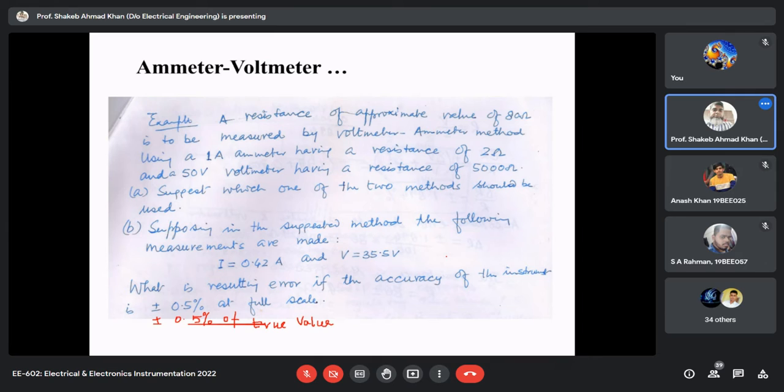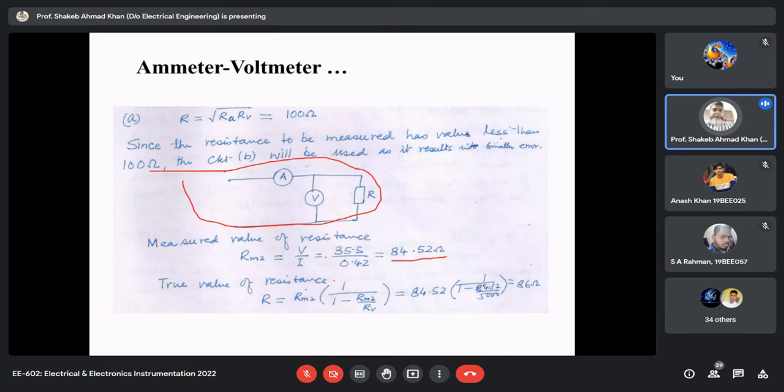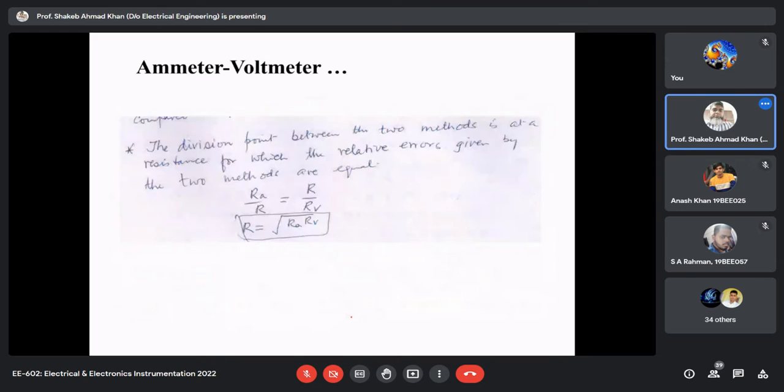Yes, sir. Okay, so we removed the error due to the method using this formula. This is the true value, this is the measured value, and this is the voltmeter resistance.